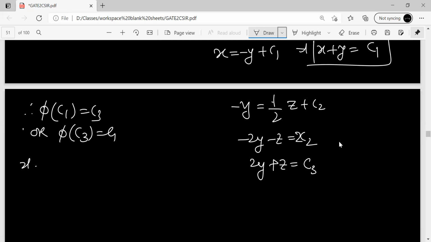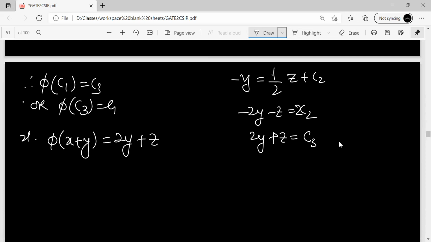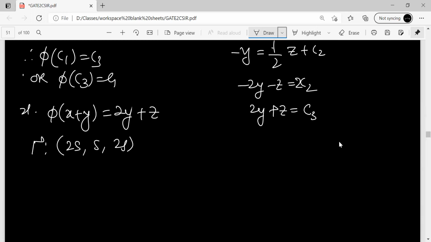So this implies you have phi of x plus y equals 2y plus z. Now consider the curve you are given, that is your (2s, s, 2s). So therefore phi of x, which is 2s, plus y, which is again s, will be equal to 2 times y, which is s, plus z, which is 2s.